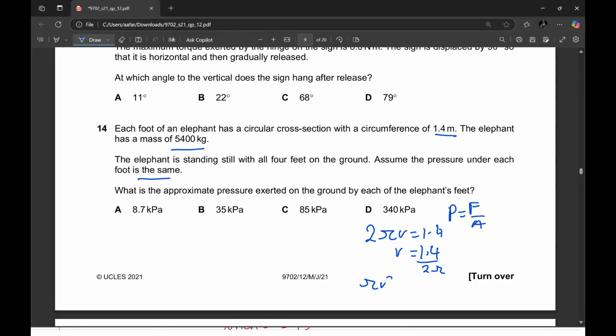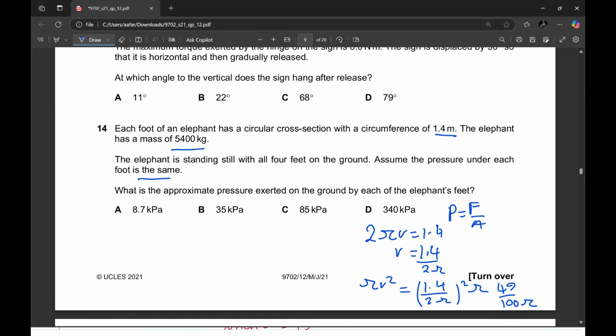The cross-section area will be pi times (1.4 over 2 pi) squared, which is around 49 over 100 pi. So this is the cross-section area of 1 foot.